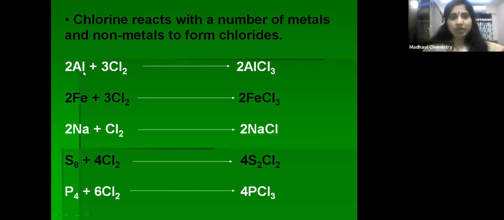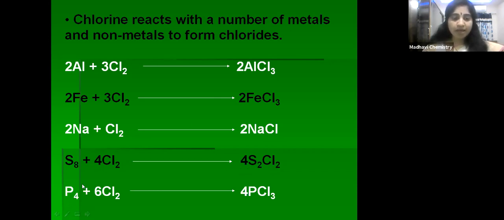2Al plus 3Cl2 gives 2AlCl3, aluminum trichloride. 2Fe plus 3Cl2 gives 2FeCl3, ferric chloride. 2Na plus Cl2 gives 2NaCl, sodium chloride. S8 plus 4Cl2 gives 4S2Cl2.